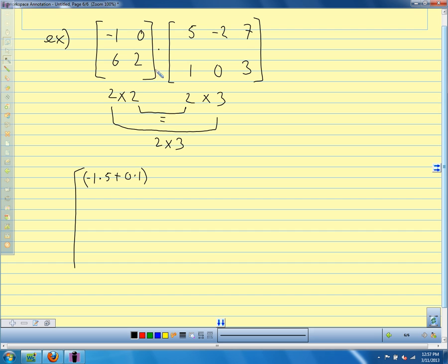The first row times the second column: -1 times -2 plus 0 times 0. First row, third column, multiplying the first row here by the third column here: -1 times 7 plus 0 times 3.